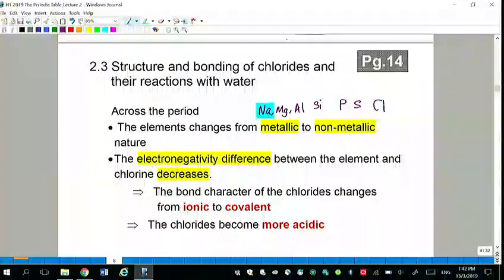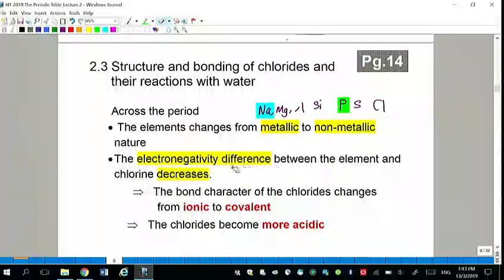I know that electronegativity increases across the period. If I compare the difference in electronegativity between sodium and chlorine, as compared to phosphorus with chlorine, you can see that the difference in electronegativity decreases across the period.